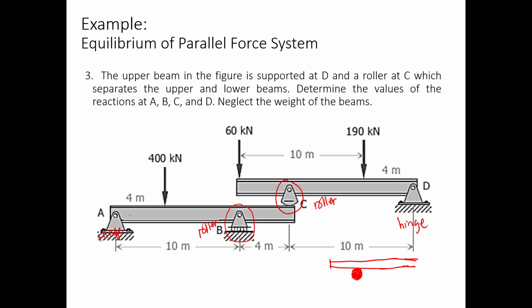For hinge support, so usually it's bolted, and then it could also be represented by a triangle. Okay, so again from what I have discussed earlier, if hinge, two supports, roller, one support.